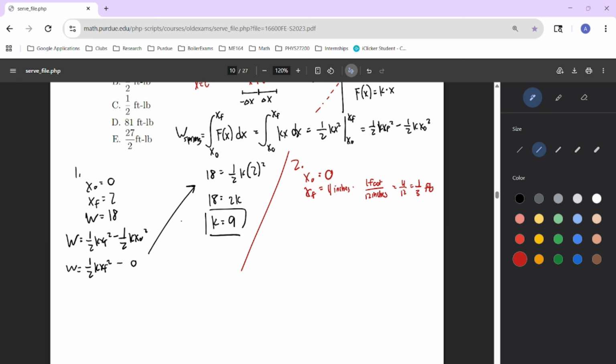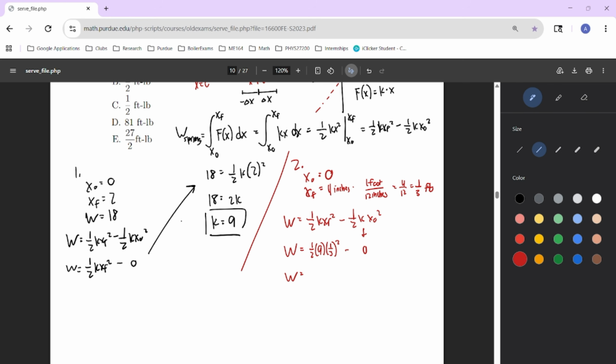Then from there, we use the formula. Work done is still 1/2 kxf squared minus 1/2 k times x naught squared. We know that this term goes to 0 because our initial position is 0, but this is not. We plug in our values, so we get 1/2 times 9 times 1/3 squared is equal to the work done.